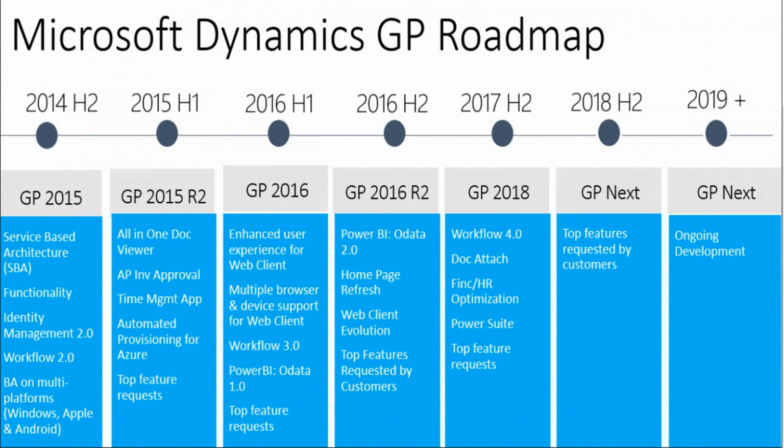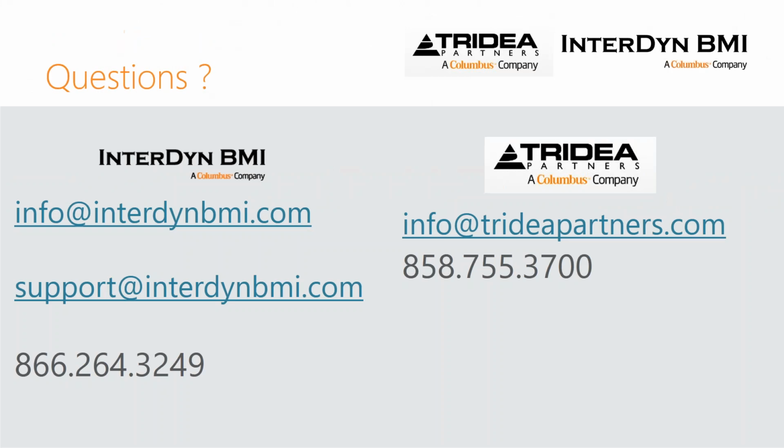So don't be alarmed that the roadmap doesn't end in 2019 by any means. They just don't publish this too far in advance because technology changes so rapidly. It's very difficult to say when they might come out with a version, and if it's going to be an R2 or a full version, it'll have enough features that it will be worthy of having a full version.